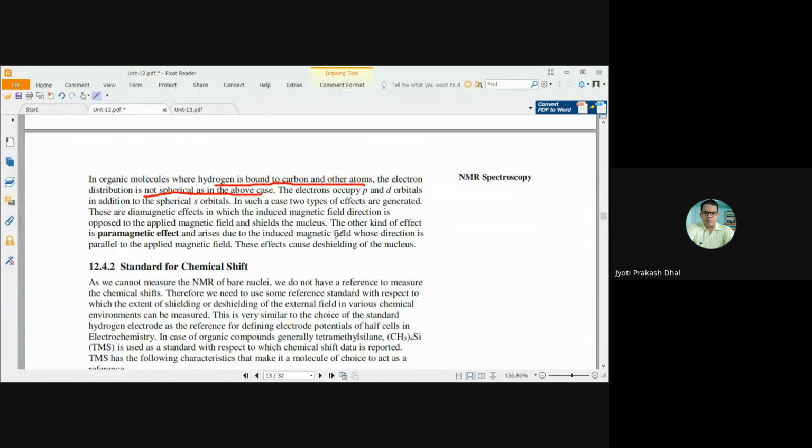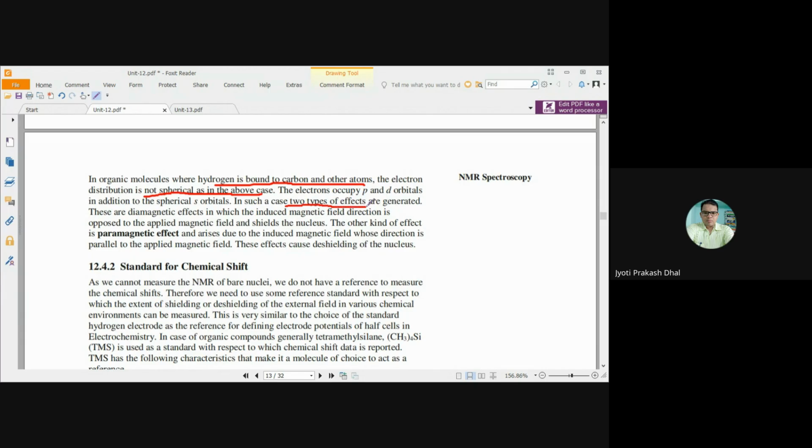For hydrogen or hydride ion, all the electrons are present in the s orbital, so a spherical distribution of electron density was there. But in other organic molecules where the hydrogen atom is bonded to carbon and other atoms, the electron distribution is not spherical, so the electrons occupy p and d orbitals apart from the s orbital.